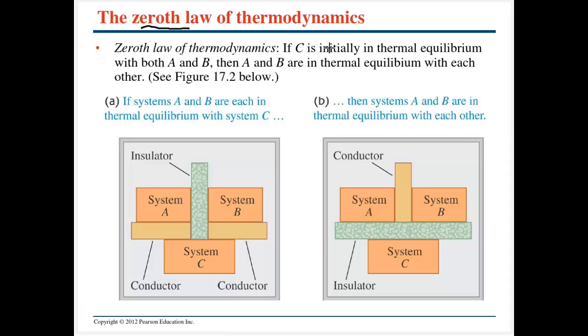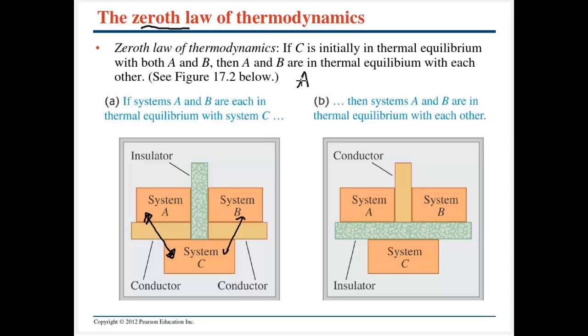If you have two systems, A and B, and A is in thermal equilibrium with C, so these two objects have the same temperature, there's going to be no heat flow between them. And we have another system, B and C. These two objects are also in equilibrium, so no heat flow between the two of them.